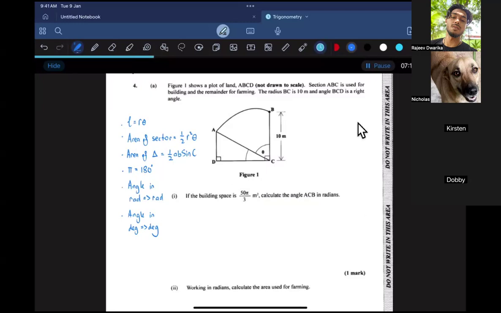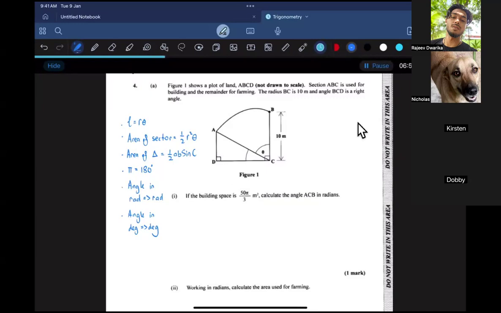Right. So they tell you that section ABC is used for building.